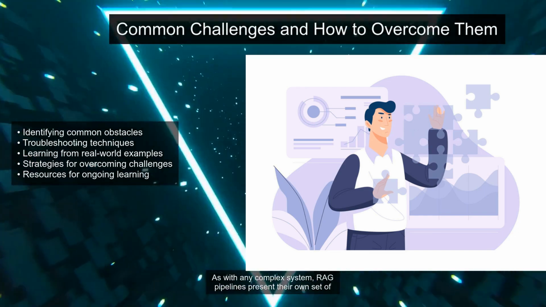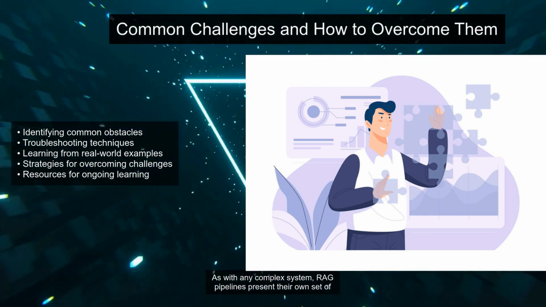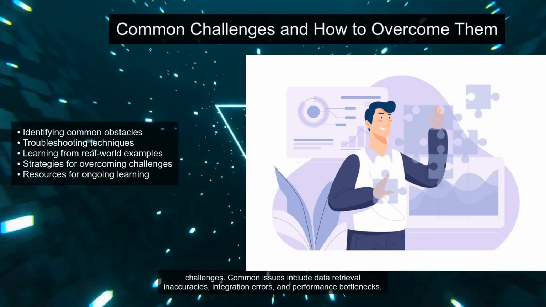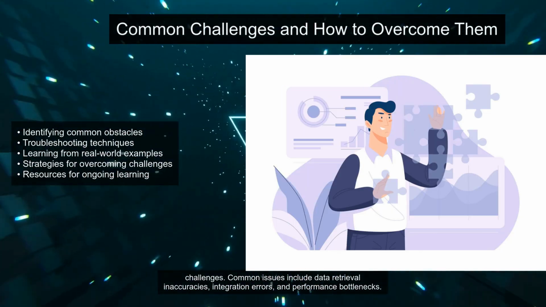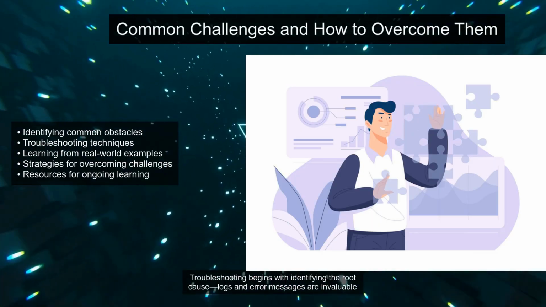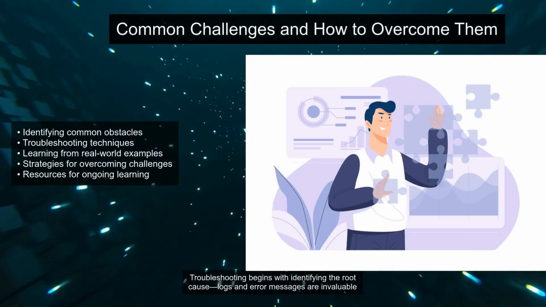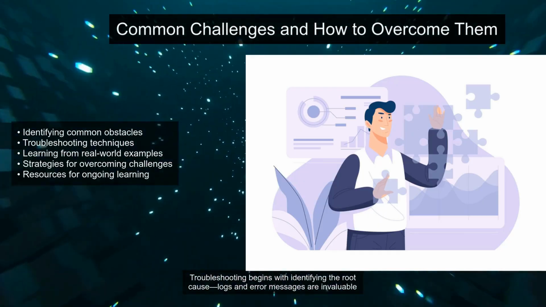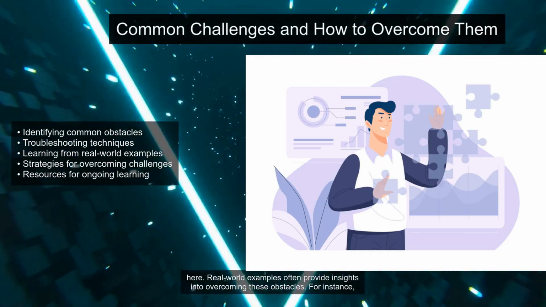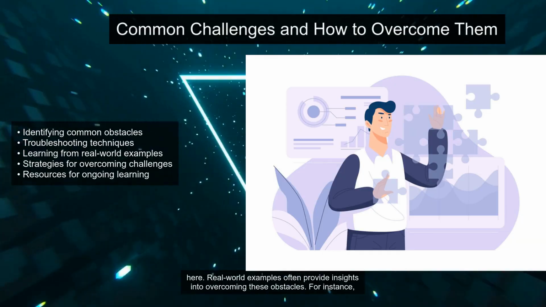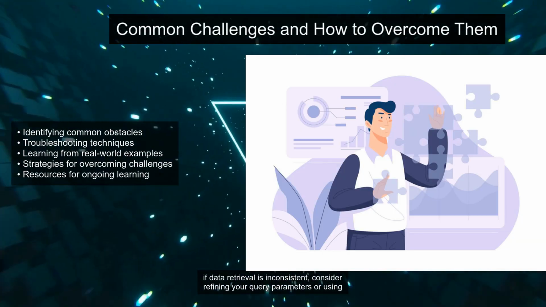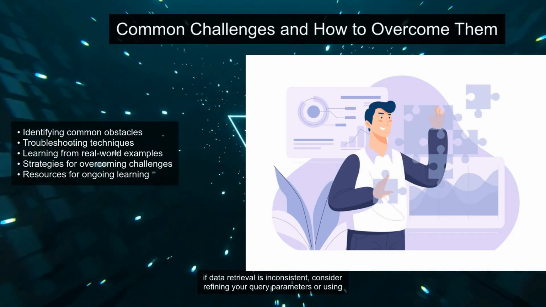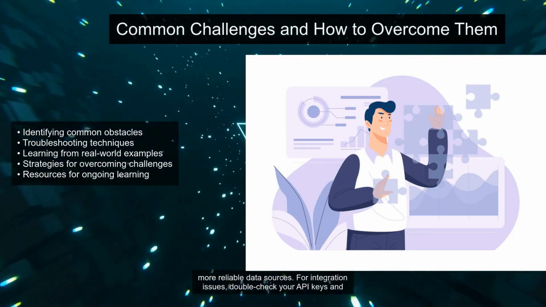As with any complex system, RAG pipelines present their own set of challenges. Common issues include data retrieval inaccuracies, integration errors, and performance bottlenecks. Troubleshooting begins with identifying the root cause. Logs and error messages are invaluable here. Real-world examples often provide insights into overcoming these obstacles. For instance, if data retrieval is inconsistent, consider refining your query parameters or using more reliable data sources.